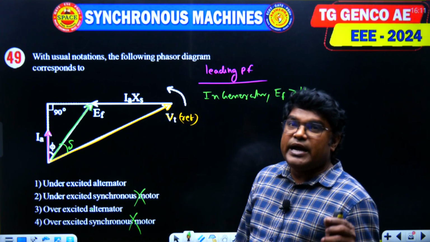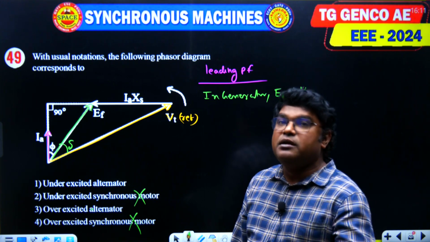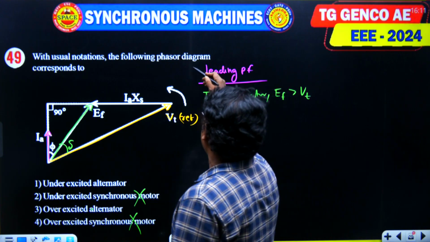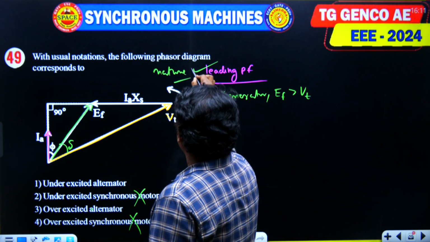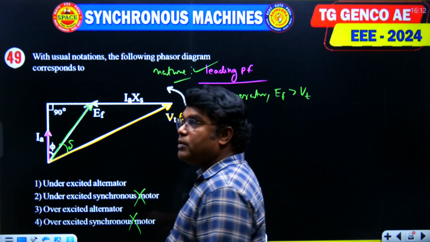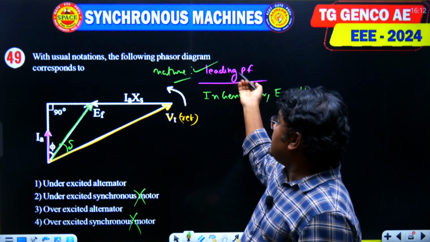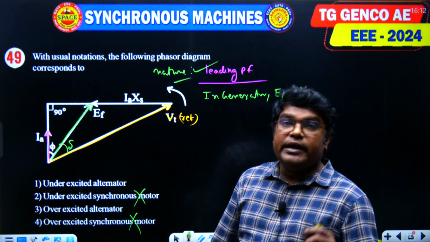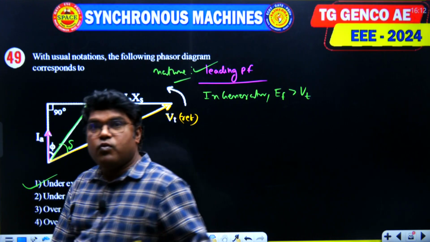An under excited synchronous generator absorbs reactive power at leading power factors. We already know the nature of the power factor. So an under excited synchronous generator absorbs reactive power from the bus bar at leading power factor to maintain the air gap flux constant. So for this question, option 1 is correct.